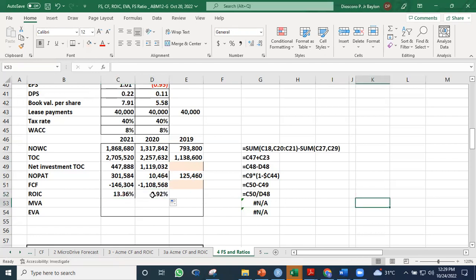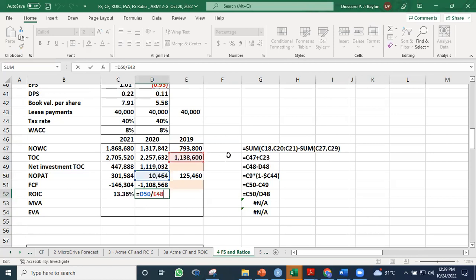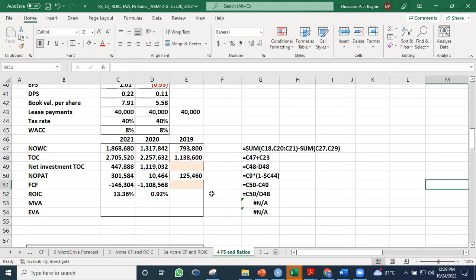So dito, 0.92 lang. Tapos dito, class, wala tayong ROIC dito, no? Kasi wala tayong TOC noong 2018 na binigay. So hanggang dito lang mako-compute natin. Yan. It does not mean na zero sila. It only means na wala tayong 2018 na figures. Okay. All right.